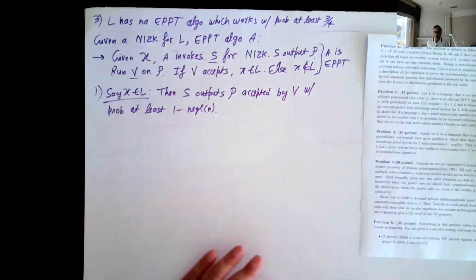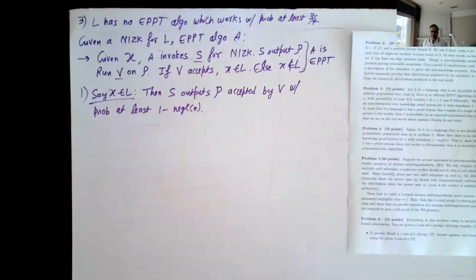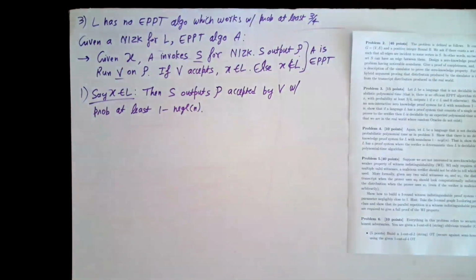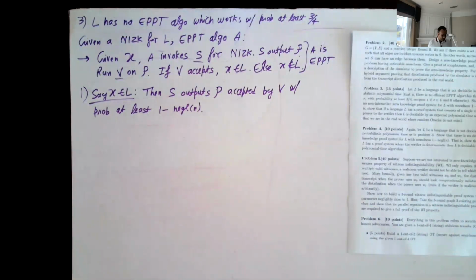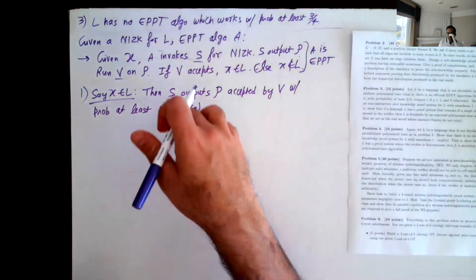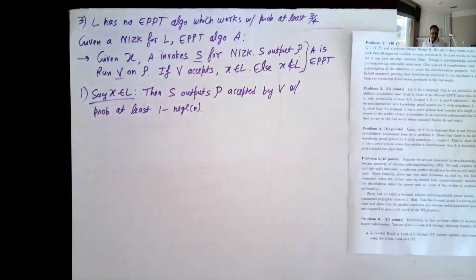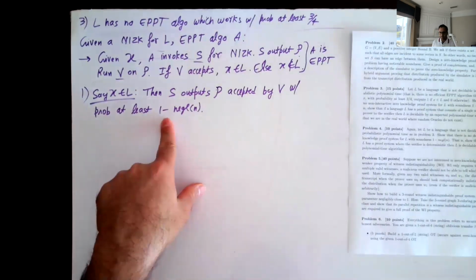Why is this the case? We have a computationally indistinguishable transcript to a real transcript. Yeah, if X is in L, then if the verifier interacts with the honest prover, the verifier will always accept with probability 1. And hence, if the verifier interacts with the simulator, the verifier must also accept with probability very close to 1.